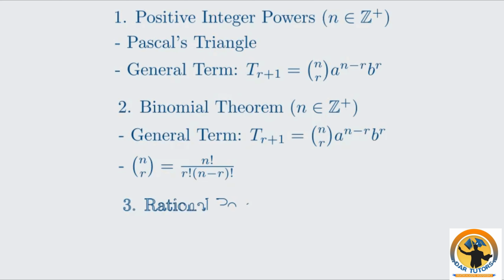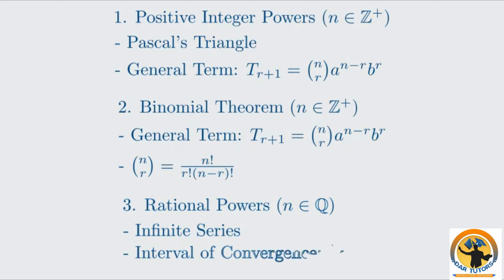We've seen how to use these tools to find specific terms, coefficients, and even to approximate values. Mastering these techniques is essential for success in IB AHL. Thank you for watching. Keep practicing, and you'll become proficient in the binomial theorem.